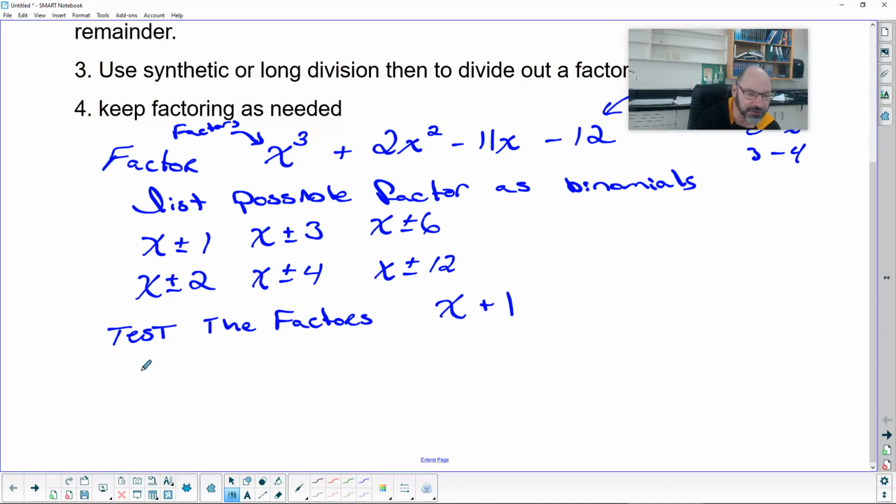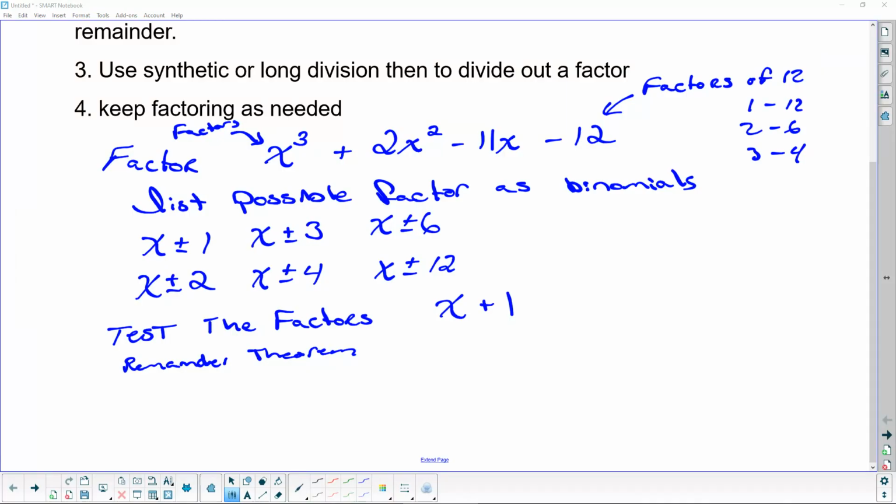So we're going to use the remainder theorem. Now we're just going to do x plus 1 equals 0, so that means we're going to be plugging in x equals negative 1 into the equation up here, to see if we get a 0.